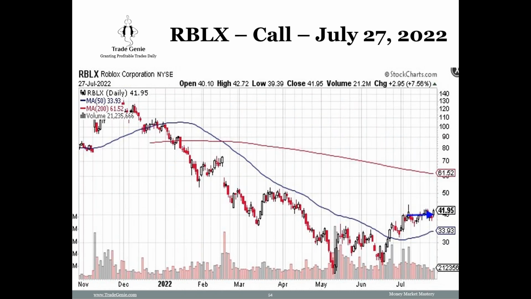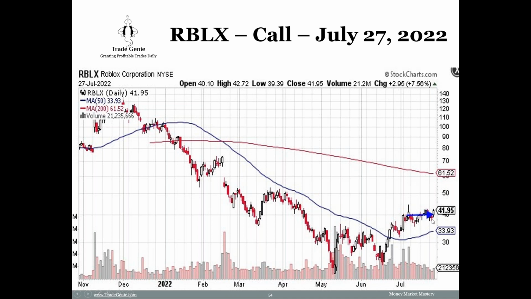RBLX is another logic. Here the market, after consolidating, tried to show that it wants to move higher. So what are the chances of RBLX? If it falls, let's say RBLX falls, it will fall somewhere in this zone because there is a rising 50-day moving average. You see the rising 50-day moving average. So this is a support zone.